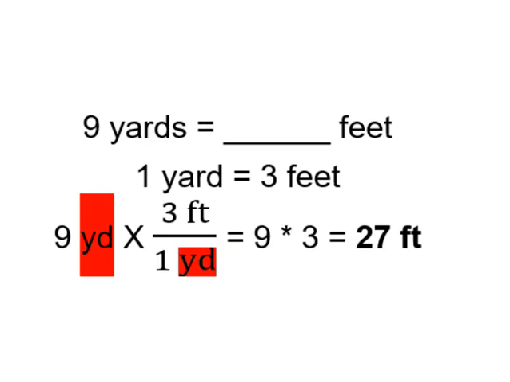We are going to multiply 9 yards times 3 feet over 1 yard, because again, we need to make sure we cancel out our unit of measurement. We are left with 9 times 3. 9 times 3 is equal to 27. So 9 yards is equal to 27 feet.